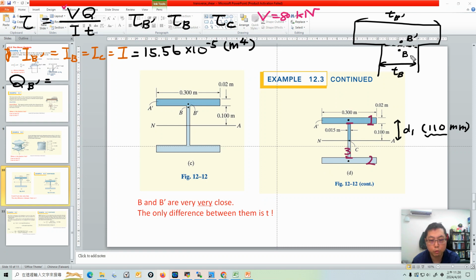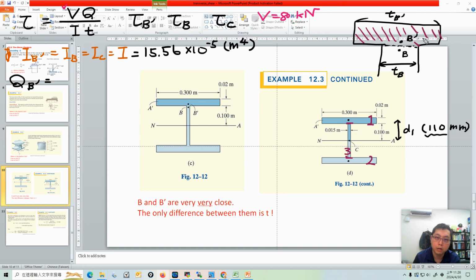So when it comes to calculating QB or QB prime, just calculate the area above B and B prime. Understand? Right now, B and B prime are above the neutral axis, so QB and QB prime are calculated from the area above B and B prime.